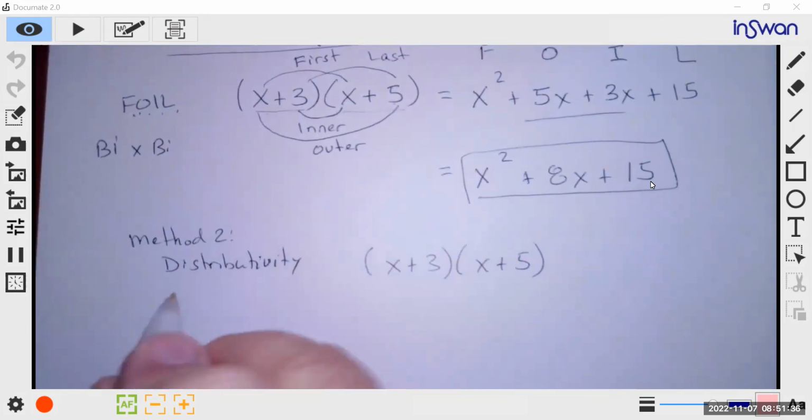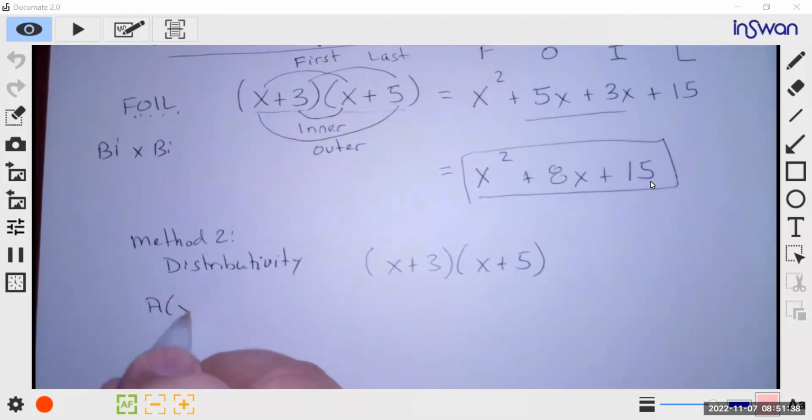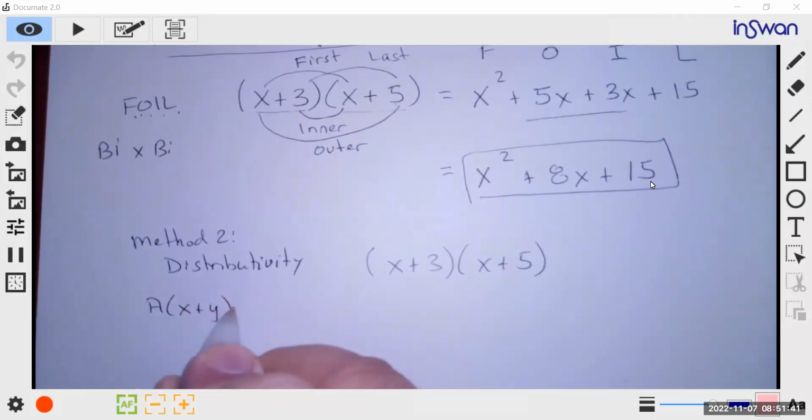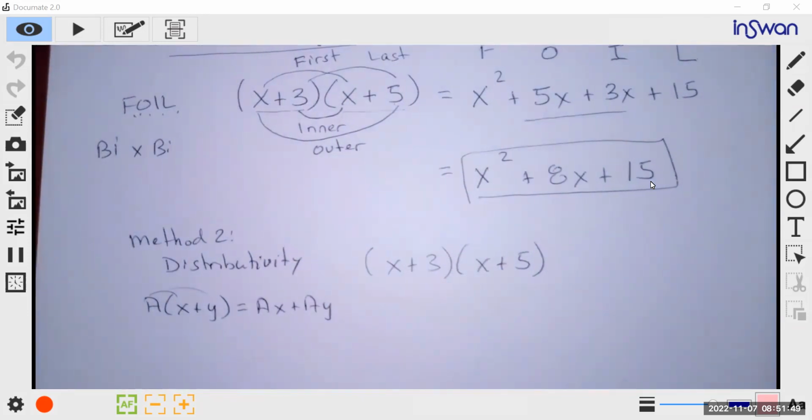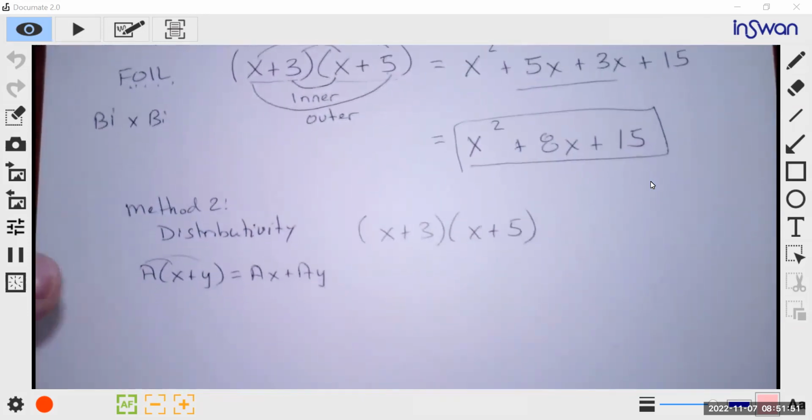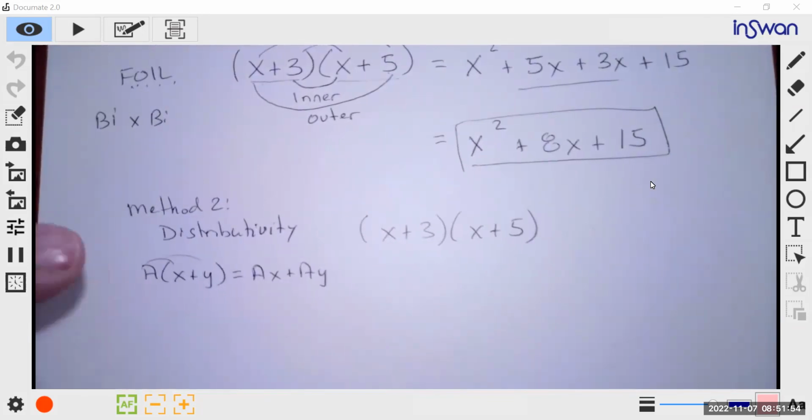Remember what distributivity was? We have a coefficient, whatever's in front multiplies to every term inside the second parenthesis. Remember that? That's the distributive property.